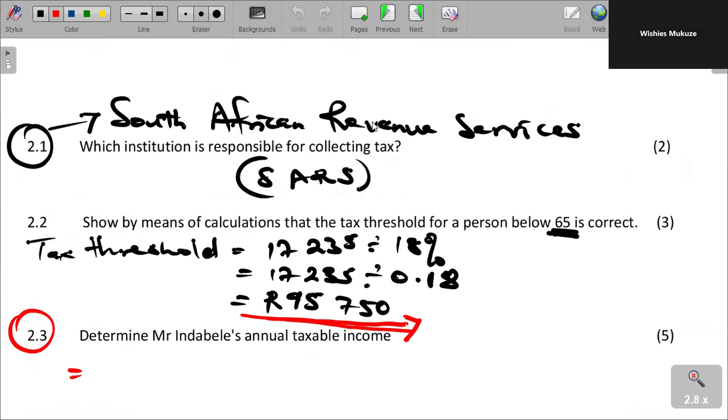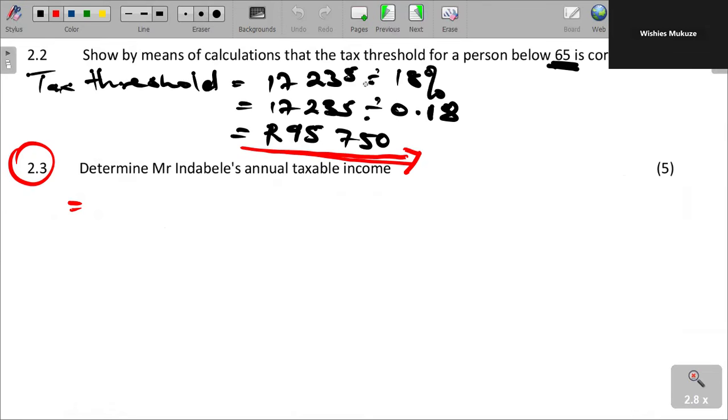So in this case, the annual income equals the per month amount multiplied by 12 months.